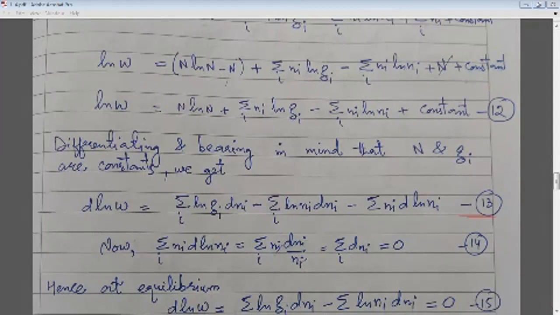If you take the summation of ni d ln ni, d ln ni can be represented as ni dni upon ni. This ni and ni will cancel, and it turns out to be the summation of the differentials of small ni. If you take the summation, this becomes N, but that is also constant, so it becomes equal to 0. So this term also becomes equal to 0.